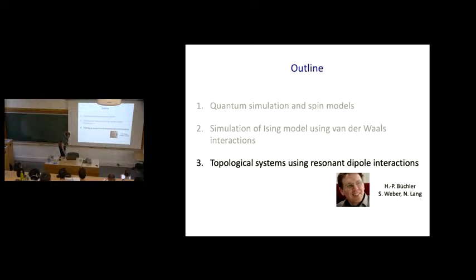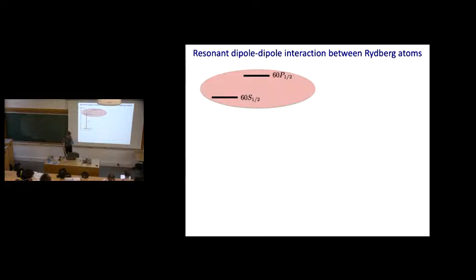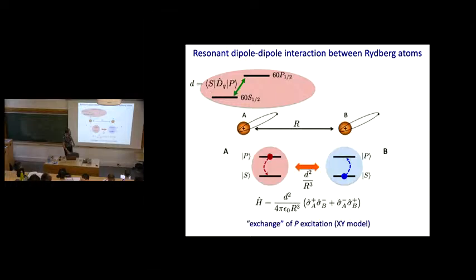But now what we're going to do is to consider only two Rydberg states. Okay, so I just completely ignore the underlying states. And we know from the point of view of the interaction that now I have this resonant dipole-dipole interaction. If I place one atom in a p state, it's coupled by a dipole transition to an s state, and you can have this flip-flop type of interaction.